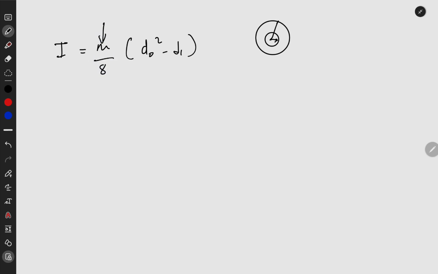Okay, we have mass here. We know that density is equal to mass over volume. That means we can get our mass equal to density times volume. So what is volume here? Volume will be the area of this face multiplied by thickness.